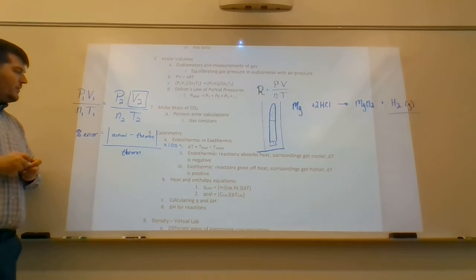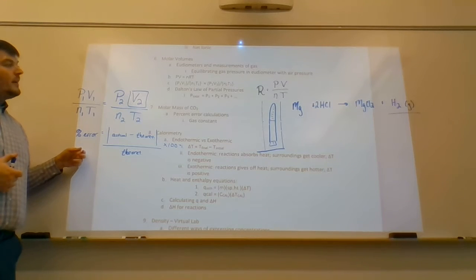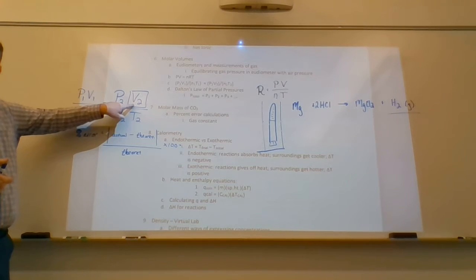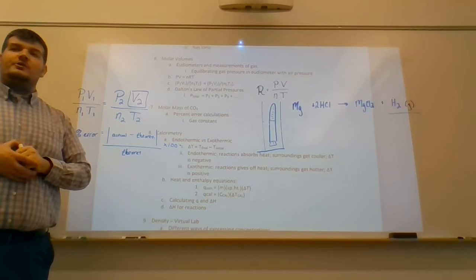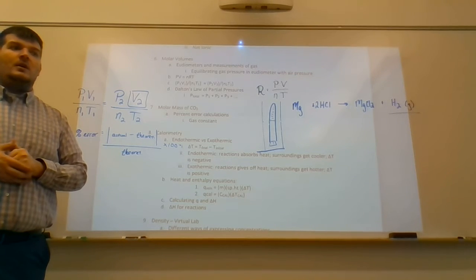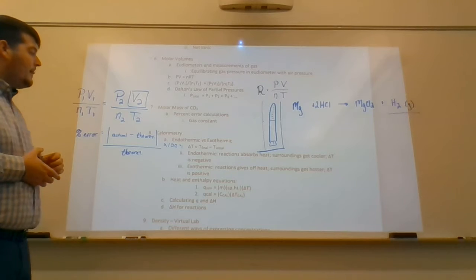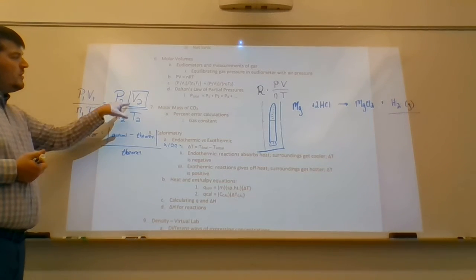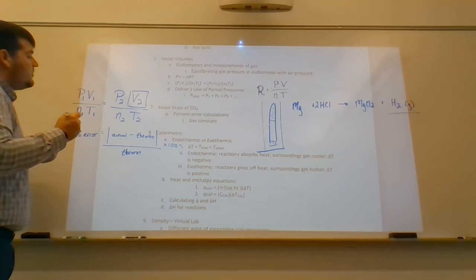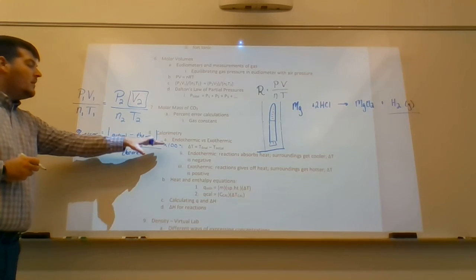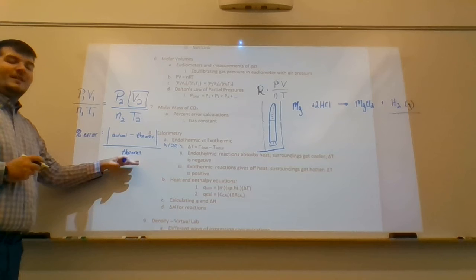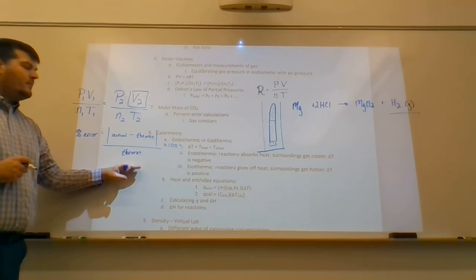So remember, for this lab, you wanted to find out what is the molar volume of a gas. So afterwards we asked you, well, we know that the molar volume of a gas, according to the literature, is 22.414 liters, okay? So now, based upon your value that you got here, you needed to put what you got minus the 22.414, take the absolute value of it, and then divide by 22.414.